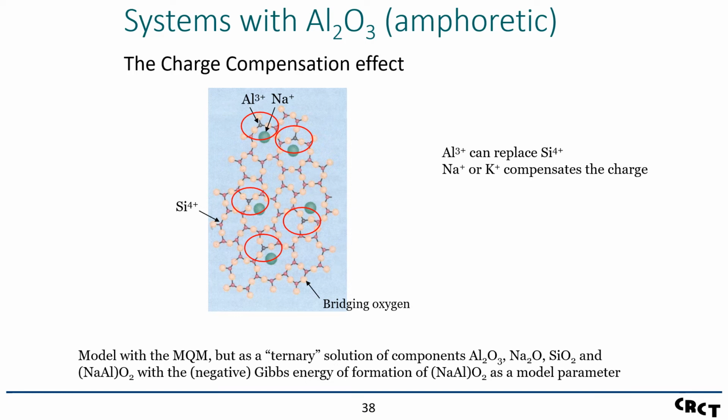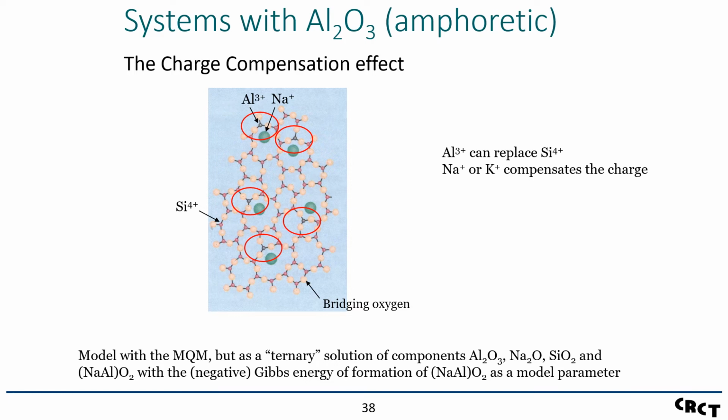But if you put sodium along with your aluminum, then the aluminum can occupy the lattice sites, as long as the sodium is right next to it. So you have aluminum on the network site with the sodium right next to it. So this is like an NaAlO2. So aluminum can replace the silicon, and sodium or other alkalis like potassium compensate the charge.